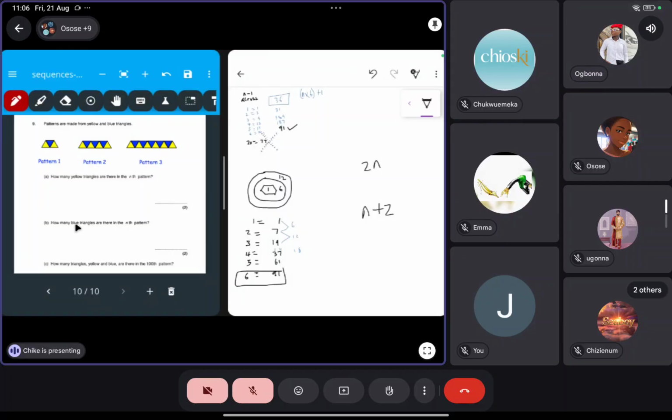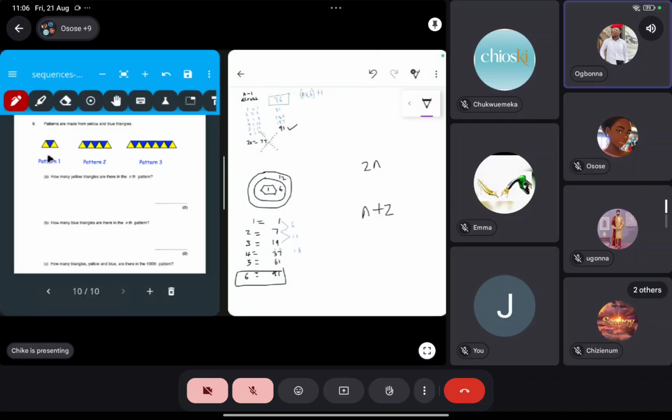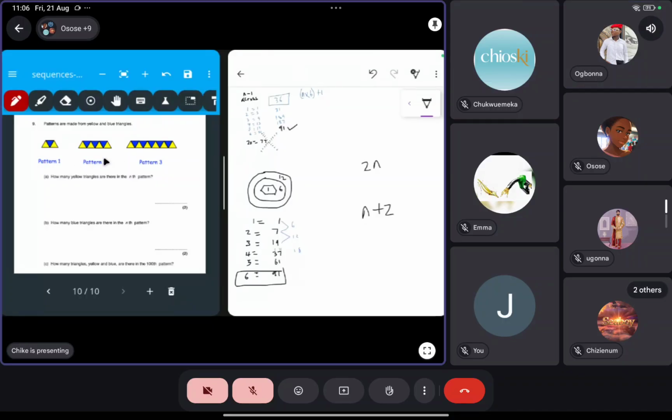They said how many blue, not total. For pattern 1, we have 1 blue. And if you put it here, it's going to be 3. So it doesn't work.